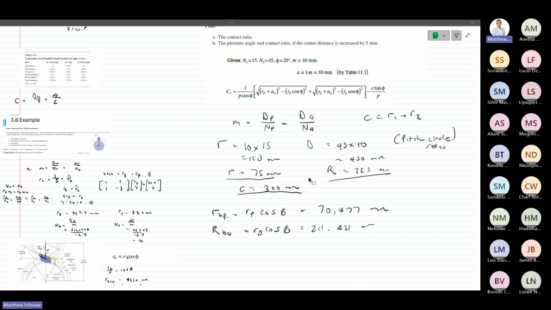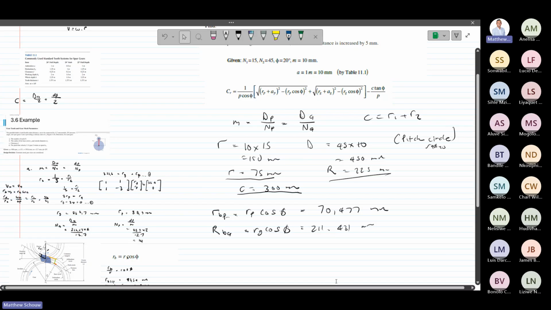And then our pitch circle, if you will recall, and I want to show you, your circular pitch will be pi times m, basically. That's what this is. I'll show you now, just so that you have a pitch in mind as well again.